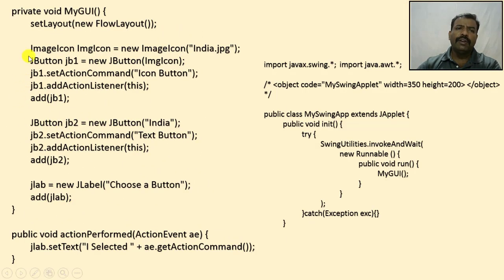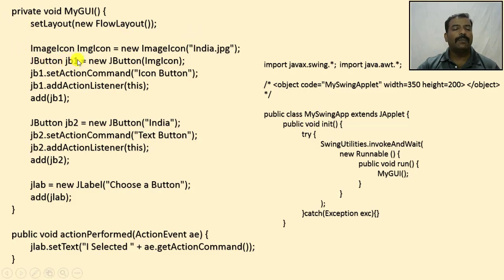And so we'll see how exactly this should be implemented now. When I'm implementing this, as I told you, my main concentration will be only on my GUI, because this is going to remain intact and almost the same. So just observe my GUI. I'm setting the flow layout, the first point, and I'm creating an icon, the ImageIcon, the way I did while creating JLabel. And I'm going to create a button now.